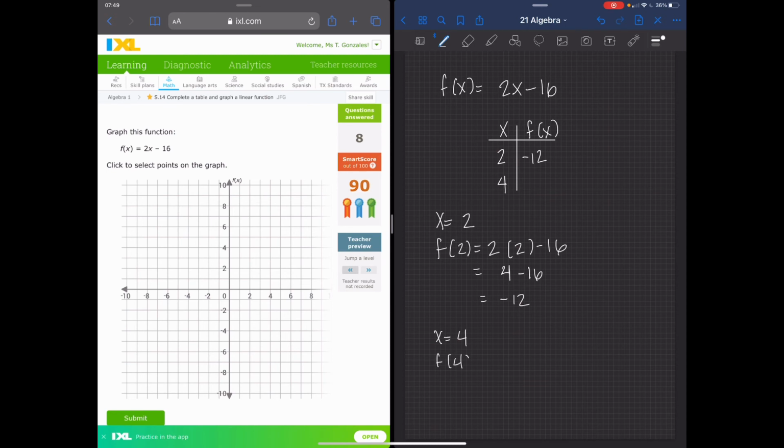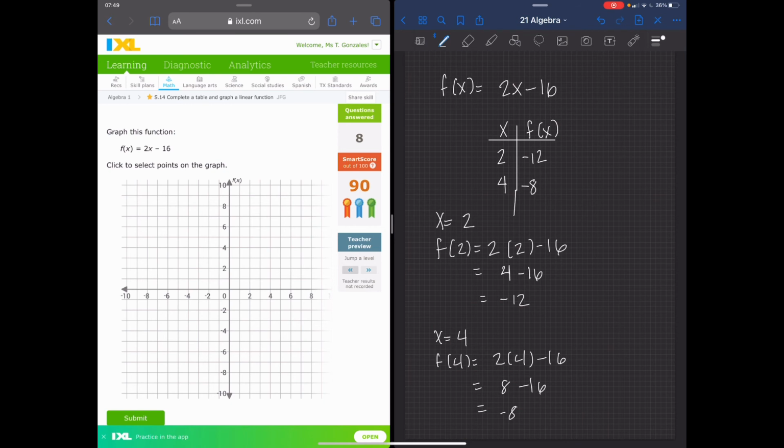F of 4 equals 2 times 4 minus 16. 2 times 4 is 8 minus 16 equals negative 8. So I have 4, negative 8. And then I have to pick another number that I can graph on the plane.